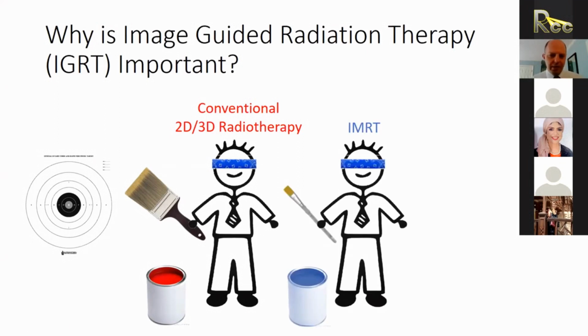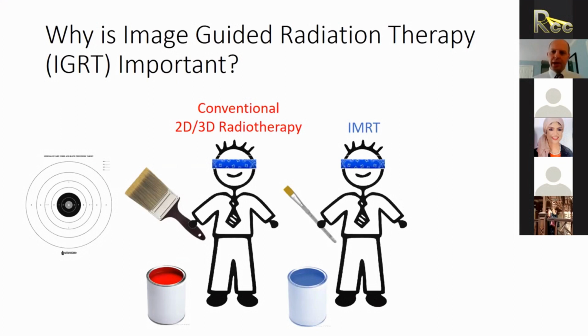If we then move forward to more of the IMRT techniques, this is like a much finer tool. We can really paint the dose very carefully to what we want, and so we get these very conformal dose distributions. But without image guidance, we still have some difficulty in knowing exactly where we are painting that dose.